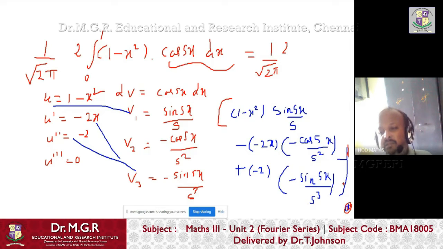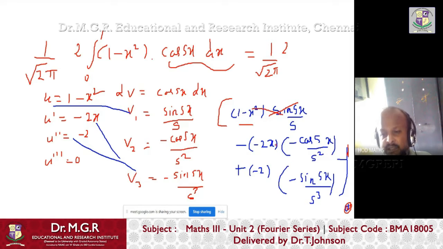When you substitute x equal to 1 in the first term, 1 minus x square is there, so 1 minus 1 becomes 0. When you put the lower limit x equal to 0, again sin 0 is 0. So this term won't come for the upper limit as well as the lower limit.